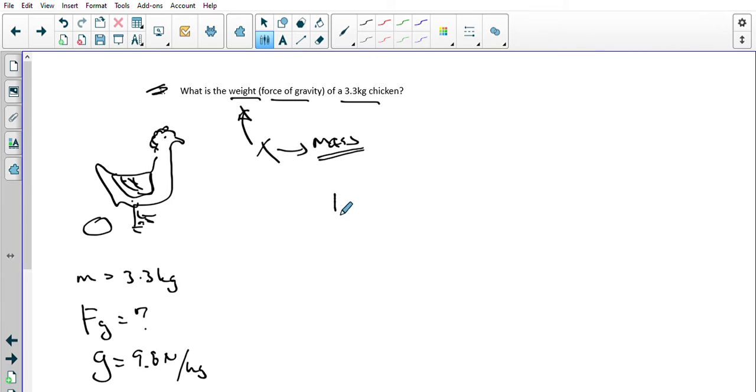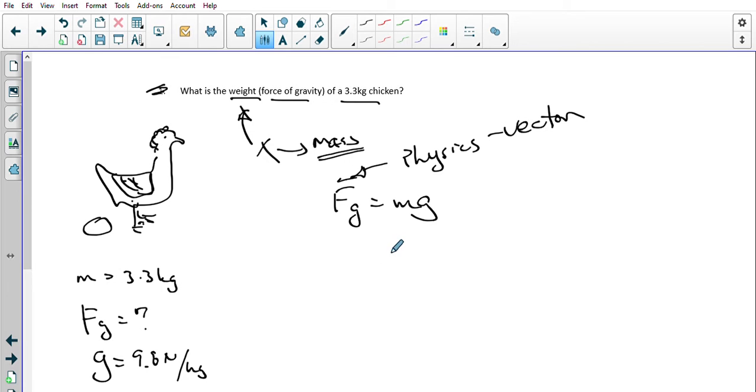All right, Fg is equal to mg. Okay, this is from Physics 11 and 12. I just put these arrows in up here that tells me this is a vector, and that's why it happens. Okay, sorry. 3.3 kilograms.